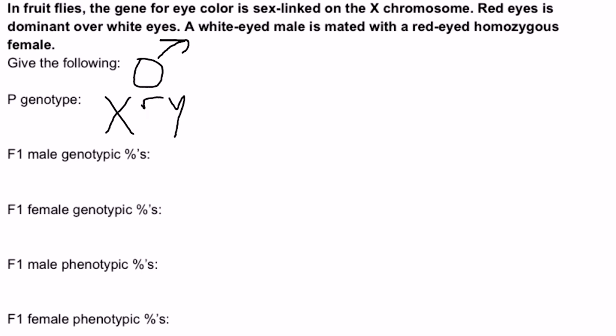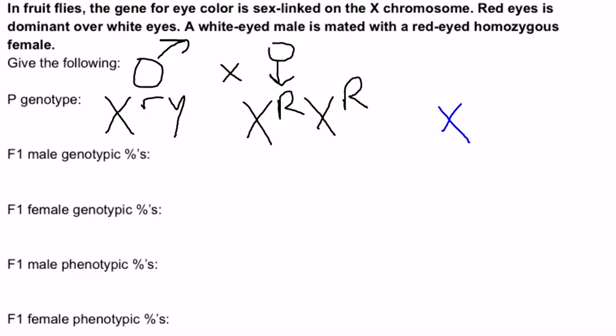So here we have the father, and that's going to be X with a little r and Y, which is crossed with the mother, which is going to be X with a large R with another X with a large R. Now we're going to cross these together.